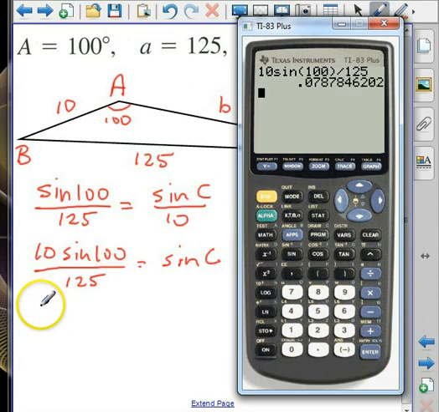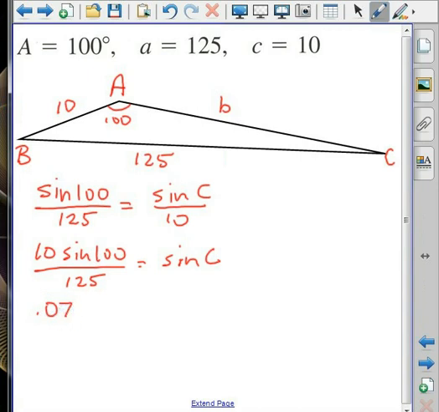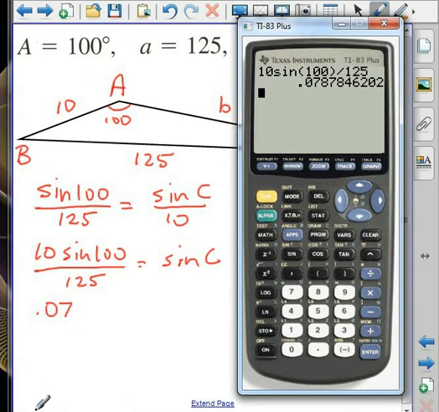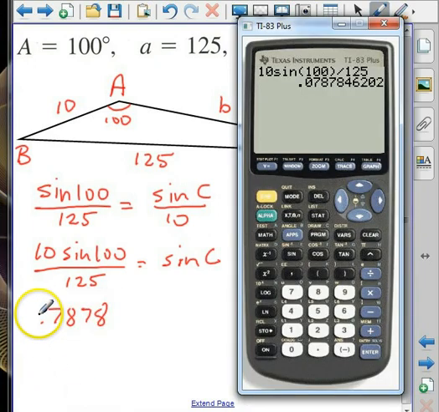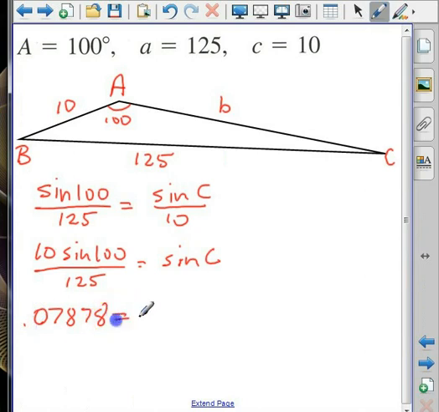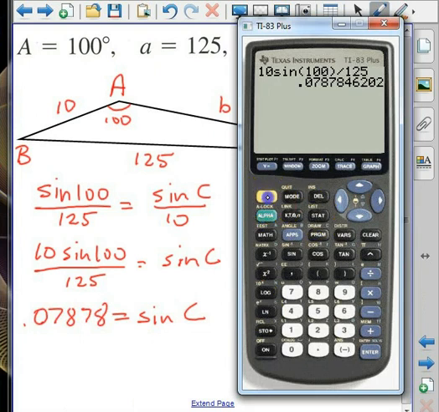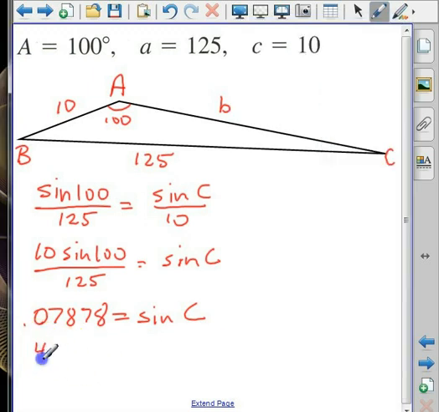And that equals 0.078, equals the sine of C. So now I take the inverse sine of my answer, and angle C is 4.52 degrees.